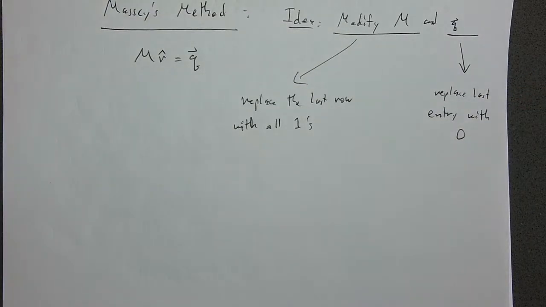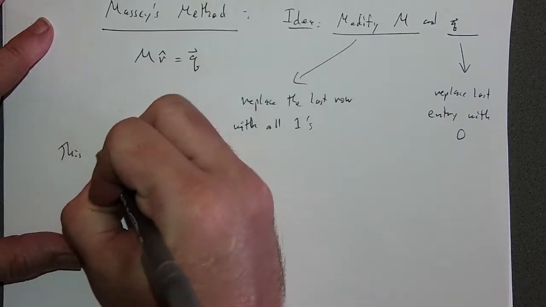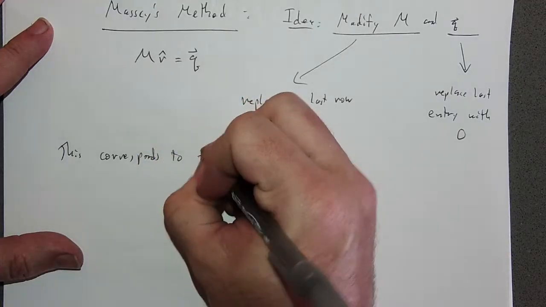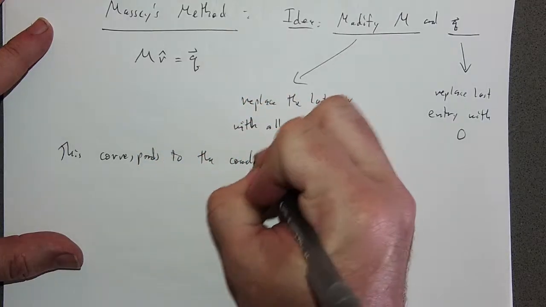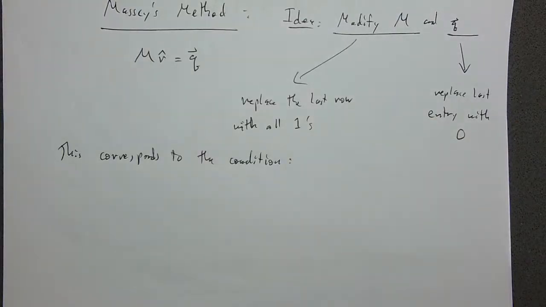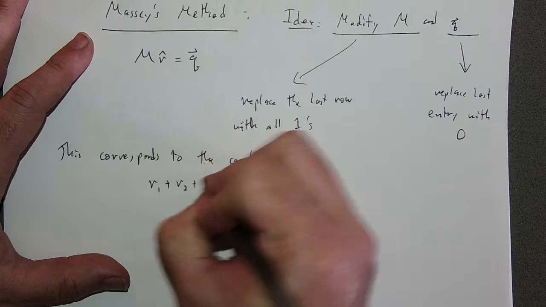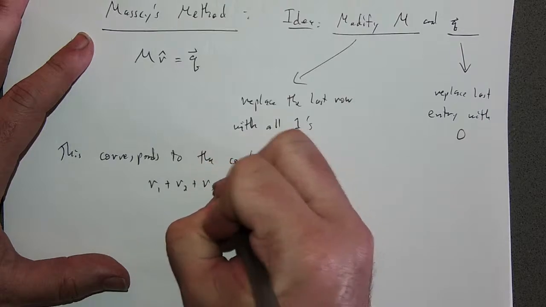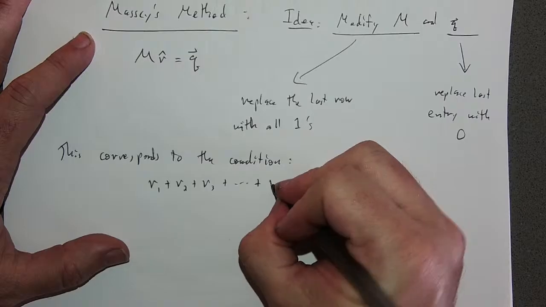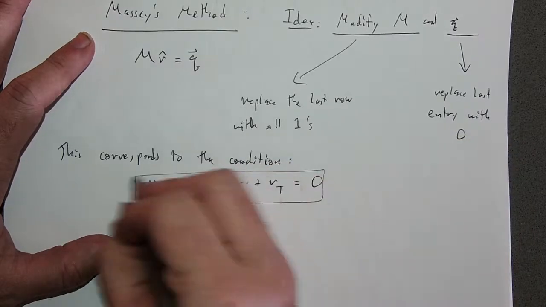What does that correspond to? This corresponds to the condition which is simply that the sum of the rankings for all of the teams is equal to 0.